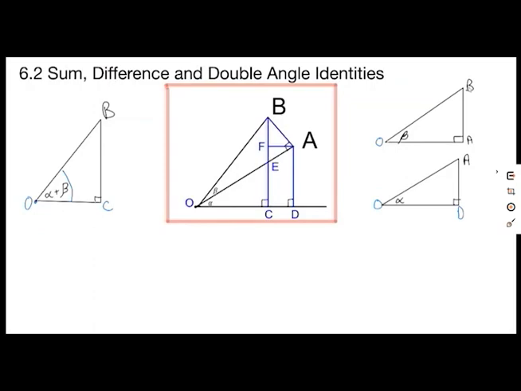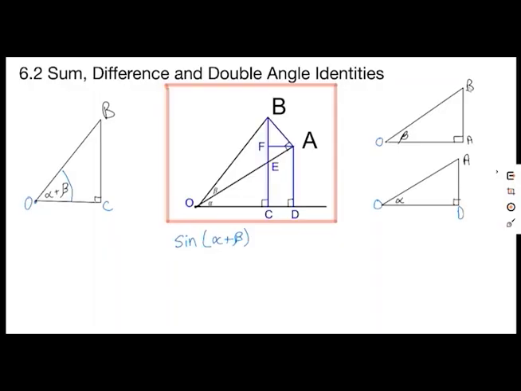Now, in order to see how the angle identity works, our goal initially is to come up with an expression for the sine of alpha plus beta. And we're going to rewrite it so that the sine of alpha plus beta can be rewritten in terms of just the sine of alpha or beta, or the cosine of alpha or beta.